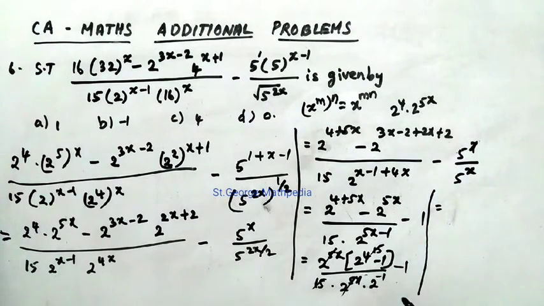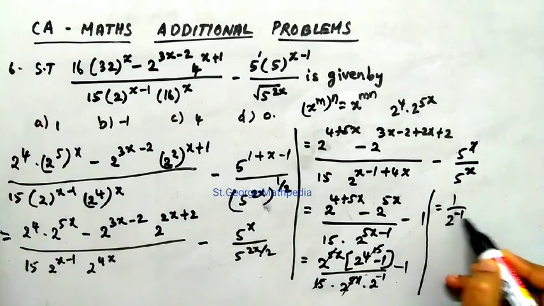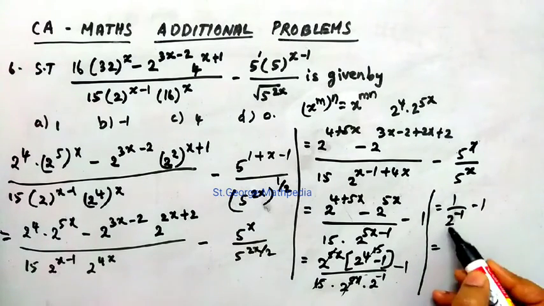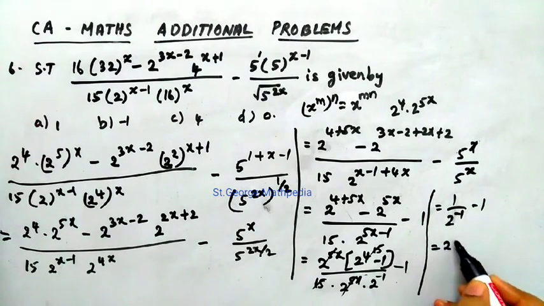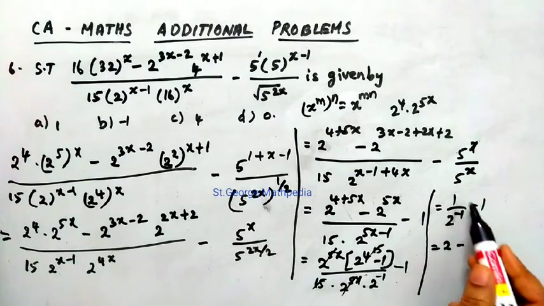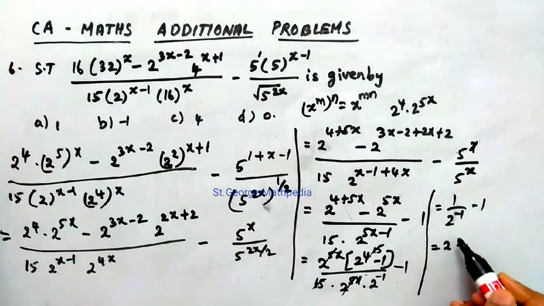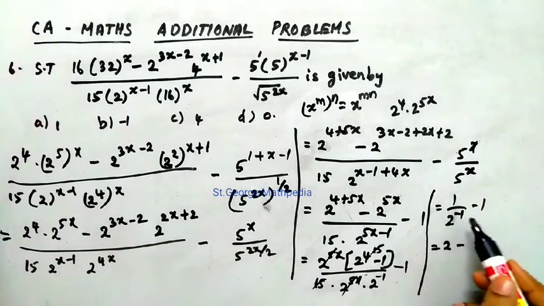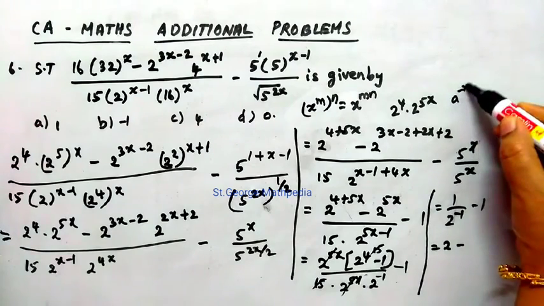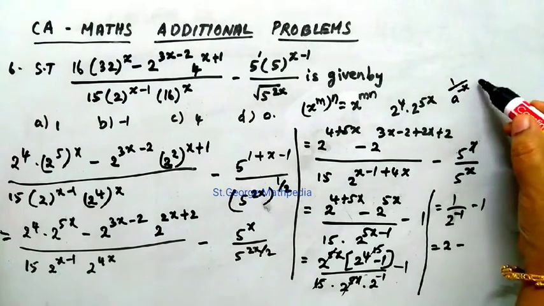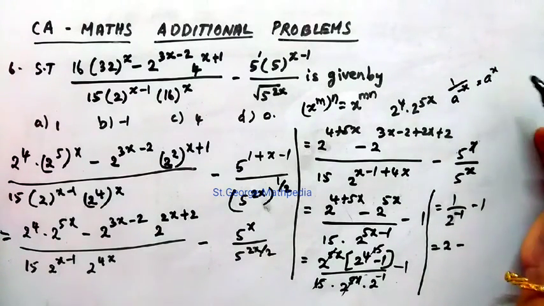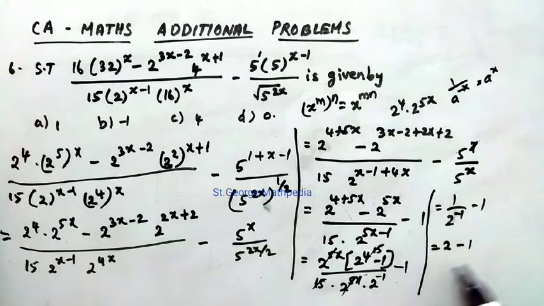Now you have 1 by 2 to the power of minus 1, minus 1. So 2 to the power of minus 1, when you take this 2 to the numerator, it will become 2 power 1, minus will become plus. 1 by a to the power of minus x is a power x, okay, minus 1, it is 1. So this is your answer.